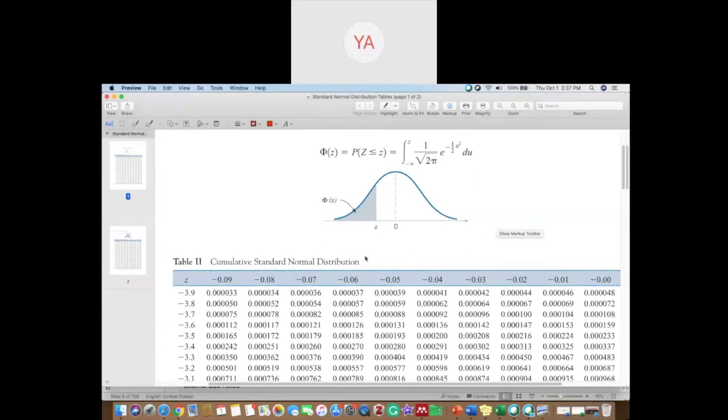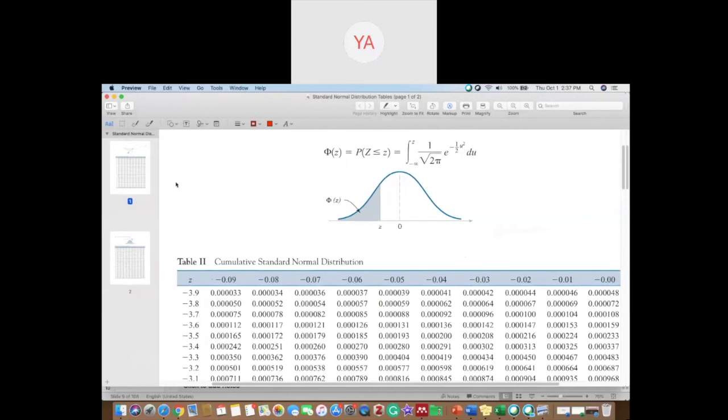This is the table that we use for the standard normal distribution. The first thing, how do we read this table? On the left hand side, you can see that you have these z values.